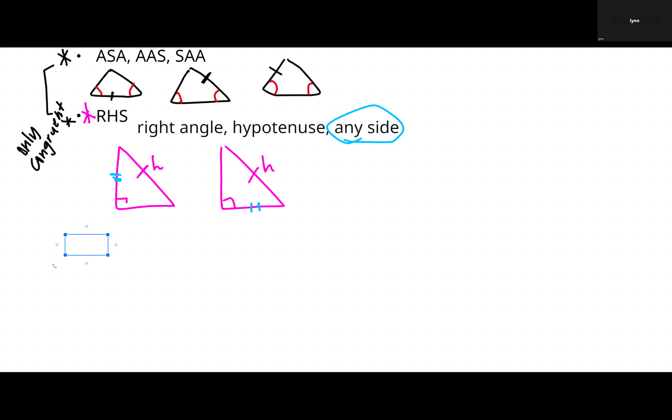Take note, whenever it's SSA or ASS, there's no such thing. Why? It is not sufficient to prove congruency. Now, why is it not sufficient to prove congruency?